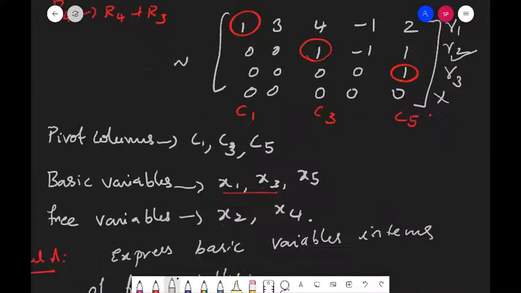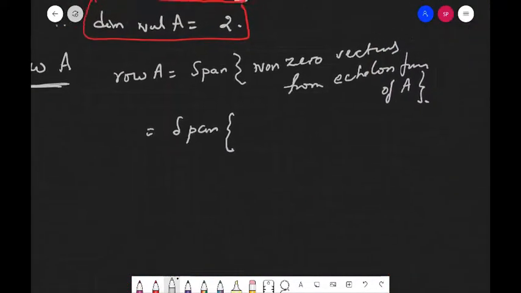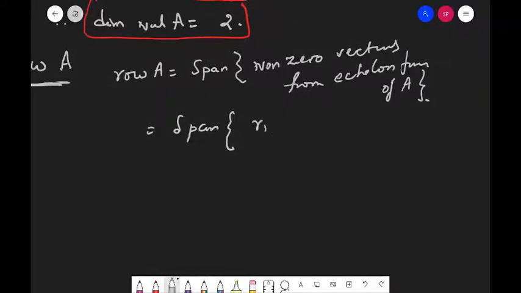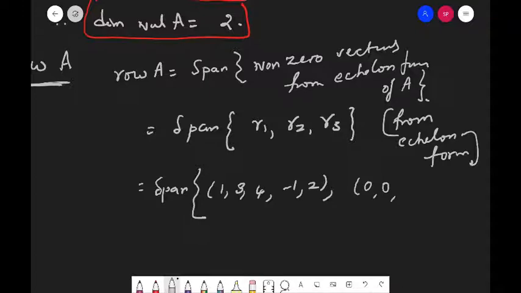So first row, row 2, row 3. Hence row A is the span of R1, R2, R3 from the echelon form. What are the elements in the first row? Row 1: 1, 3, 4, minus 1, 2. Row 2 is 0, 0, 1, minus 1, 1.